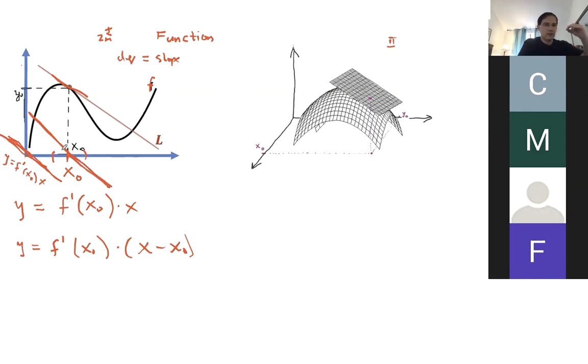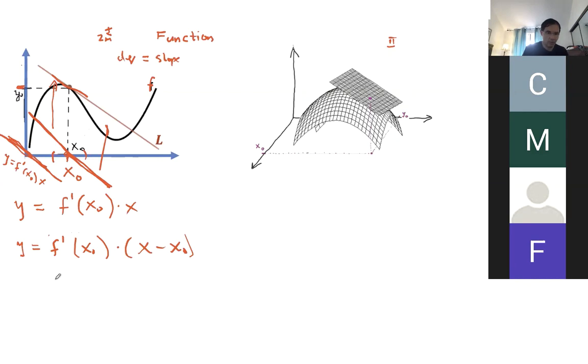And the last thing you have to do is shift this function all the way up to the point of interest, which is f of x0. So now consider exactly this function plus f of x0.